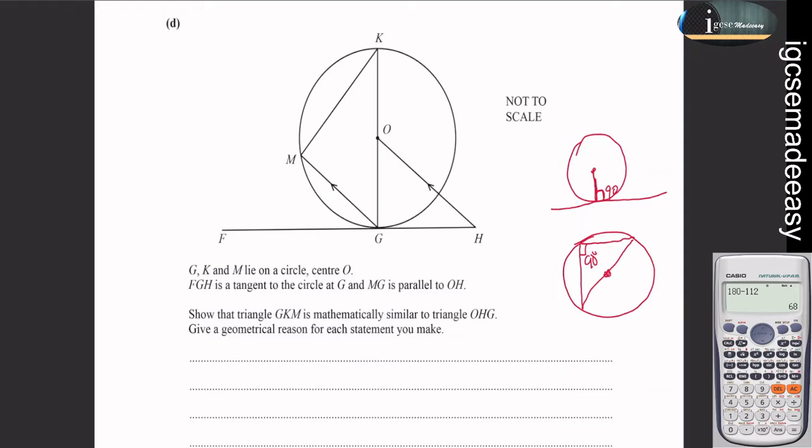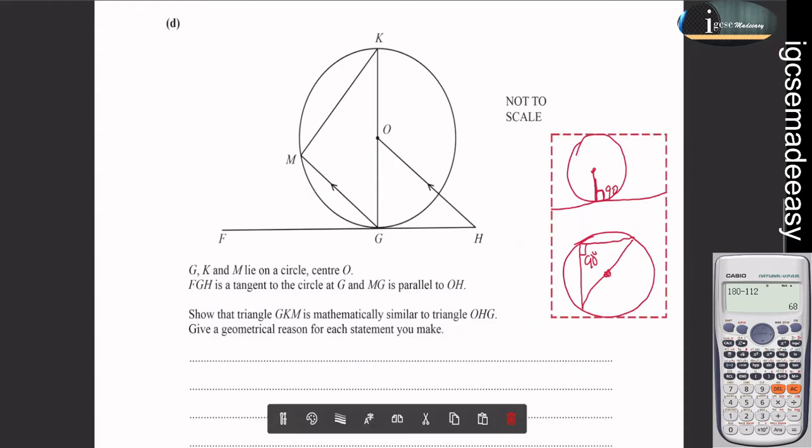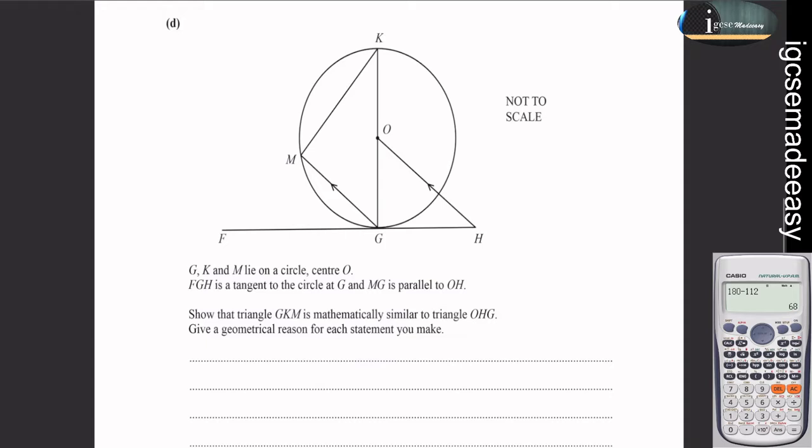In this question we have to show that they are similar, and by what? Let me take these two triangles. Which triangles am I talking about? We are talking about this triangle, that is GKM, and the other triangle that we are talking about is this one, OHG.